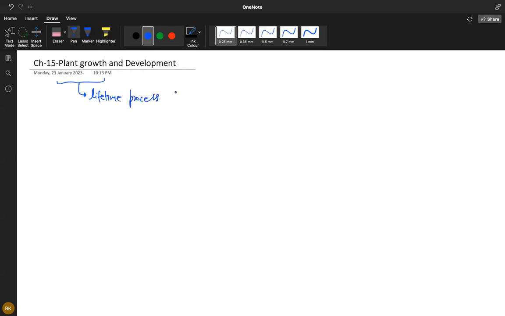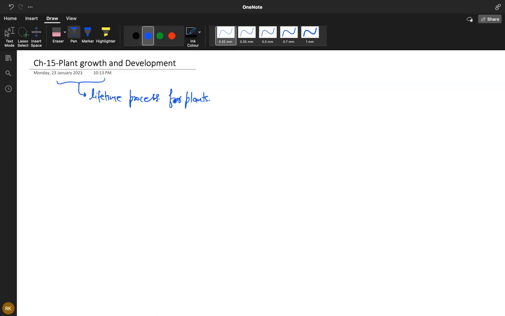So plants are different from animals in the way that they continue to grow and develop throughout their life till they are alive, from a seed that starts germinating till the time when a big tree falls and dies. It is growing, which is not true with animals. Animals, after one point of time, stop growth. Okay, there's no growth after one point of time. Is this thing clear, first of all?